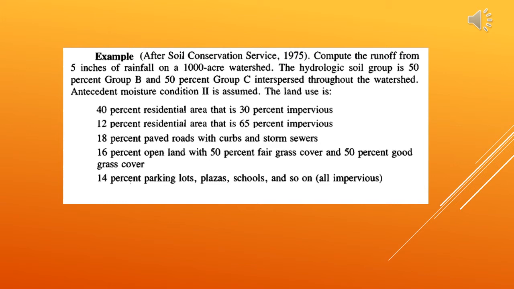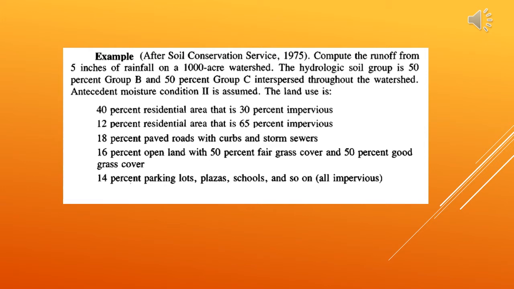The land use is 40% residential area, that is 30% impervious; 12% residential area, that is 65% impervious; 18% paved roads with curbs and storm sewers; 16% open land with 50% fair grass cover and 50% good grass cover; 14% parking lots, plazas, schools, and so on, all impervious. So this is the land use.